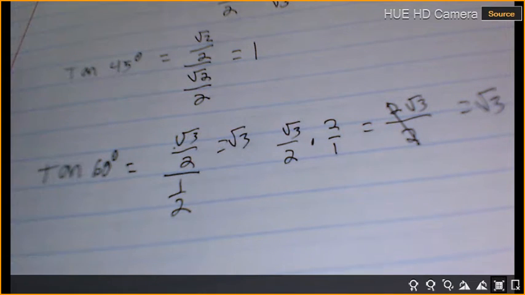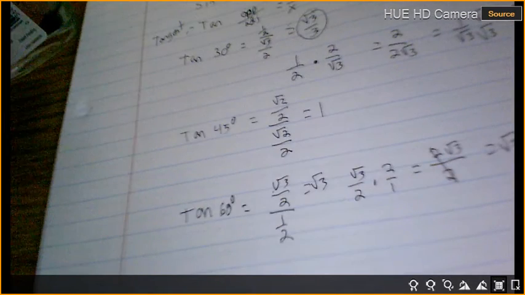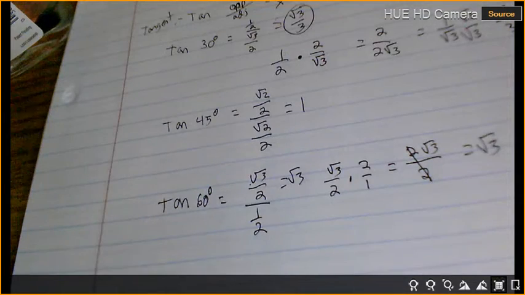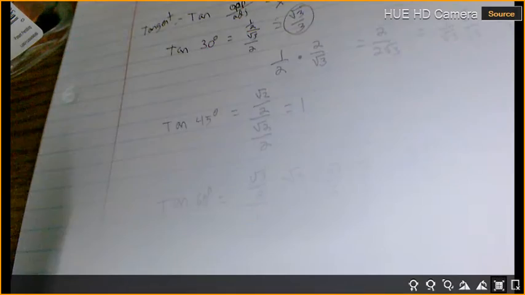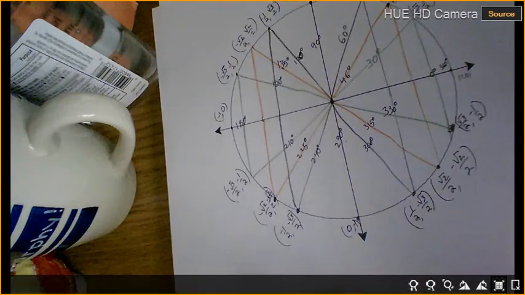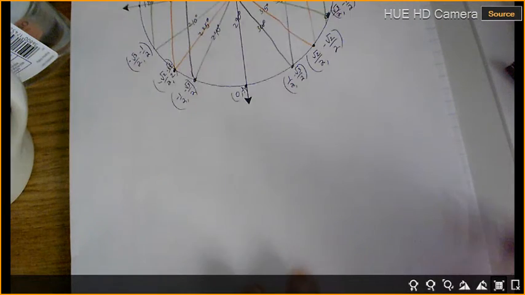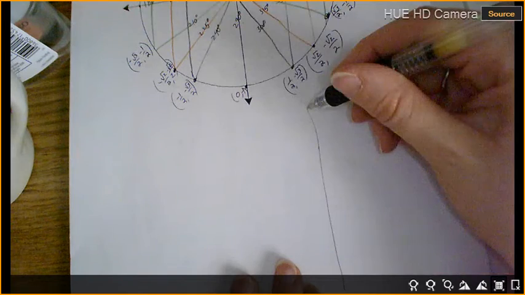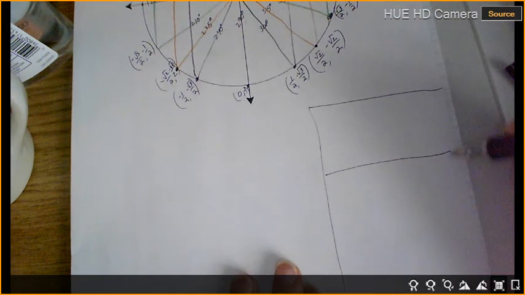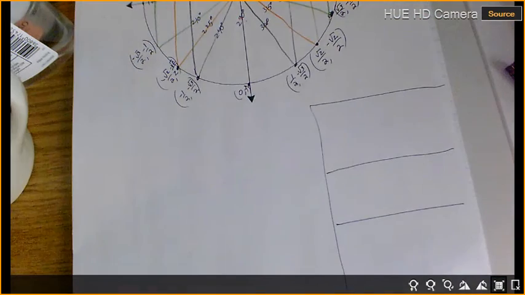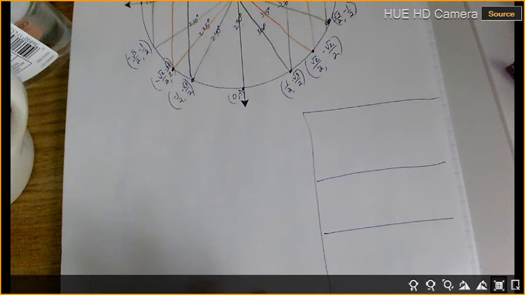Okay, I'm going to cover this up. See my whole unit circle right here? Right down here at the bottom is where I'm going to put 3 things. I'm going to draw a little thing. I'm going to divide it into 3 spots. Leave space because we may be adding more.